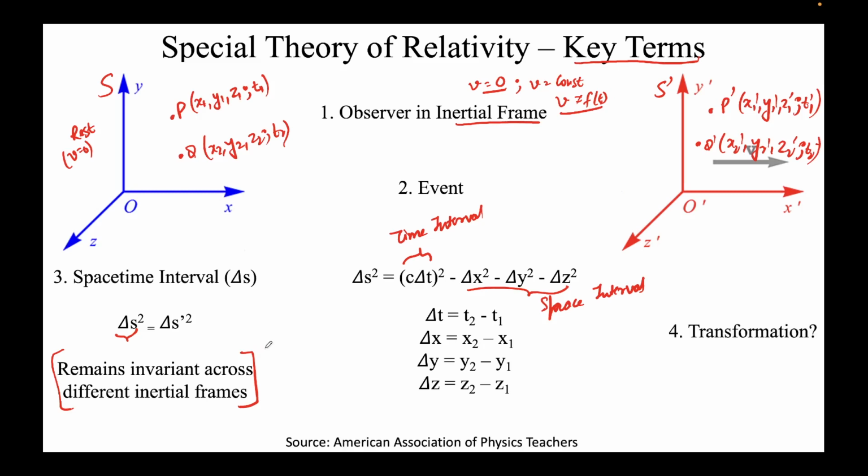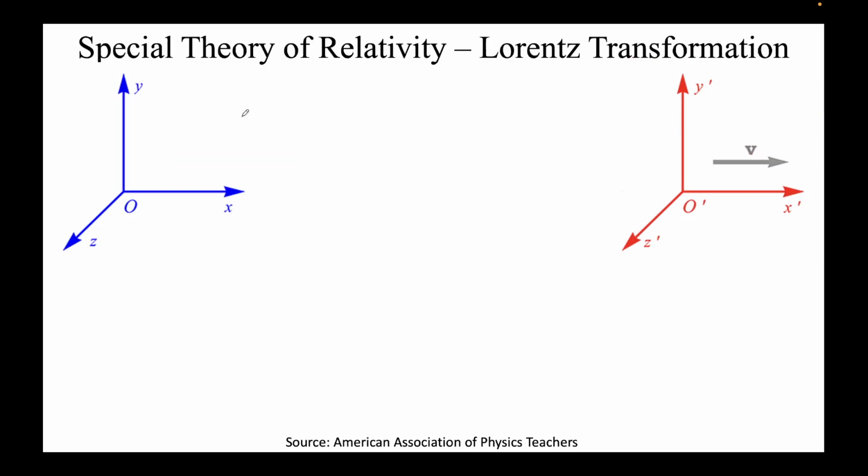Right, and using this concept we can get the coordinates of P prime if we know the coordinates of P, which we call the transformation, and we can obtain it like this. So again, this is the S frame, your rest frame. This is the S prime frame, your moving frame.